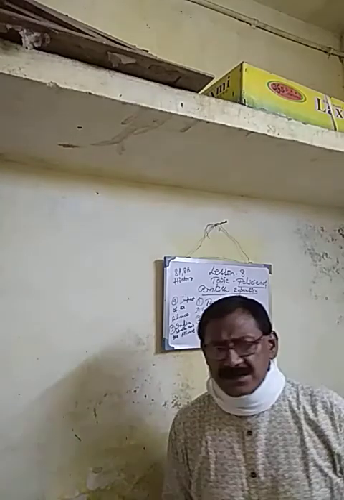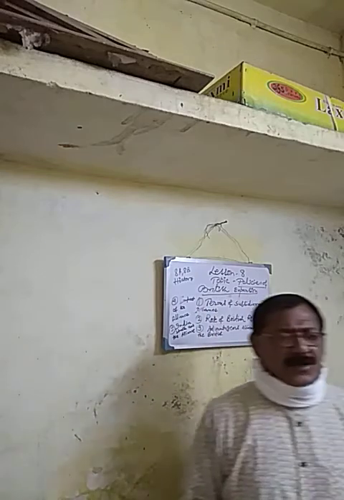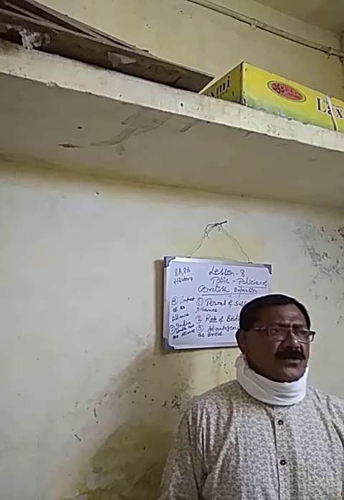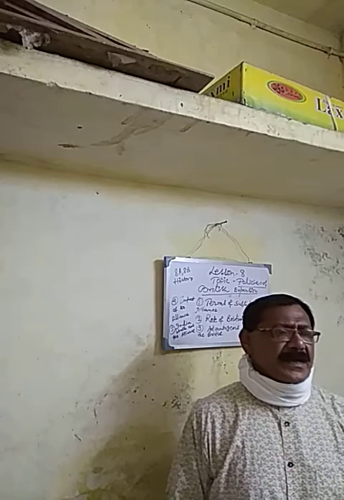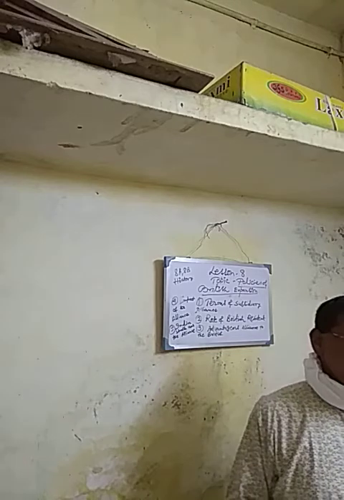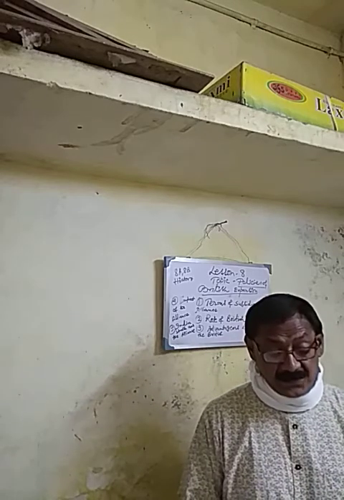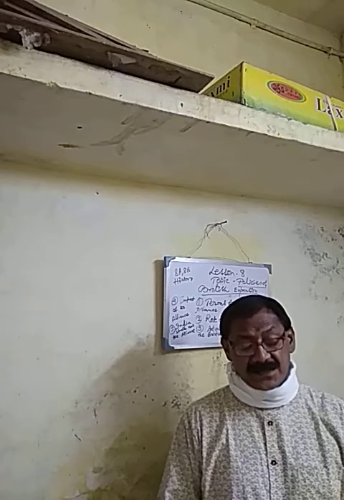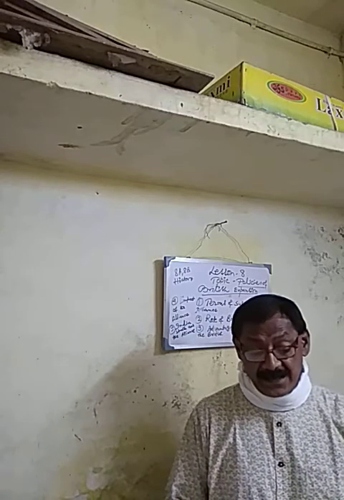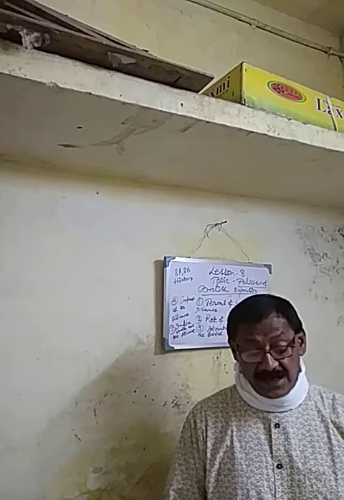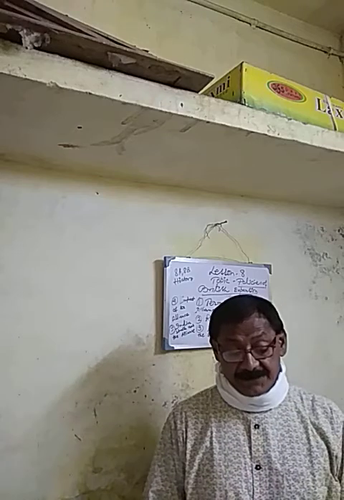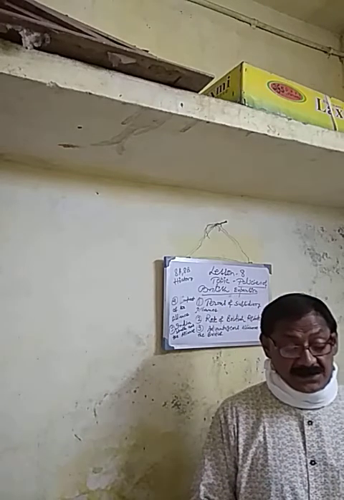And next one, role of the British resident. The Indian rulers who were forced to sign the terms of the subsidiary alliance had to accept one post, the British resident.